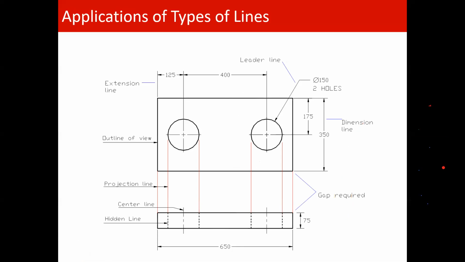Then this is the application of different types of lines. Here you can see how the projection lines are drawn. Then these are the outlines, the circles, dimension lines, and other things. These are the applications. And here it is a front view, here it is a top view. The holes are hidden, that's why it is required to draw them by hidden lines.